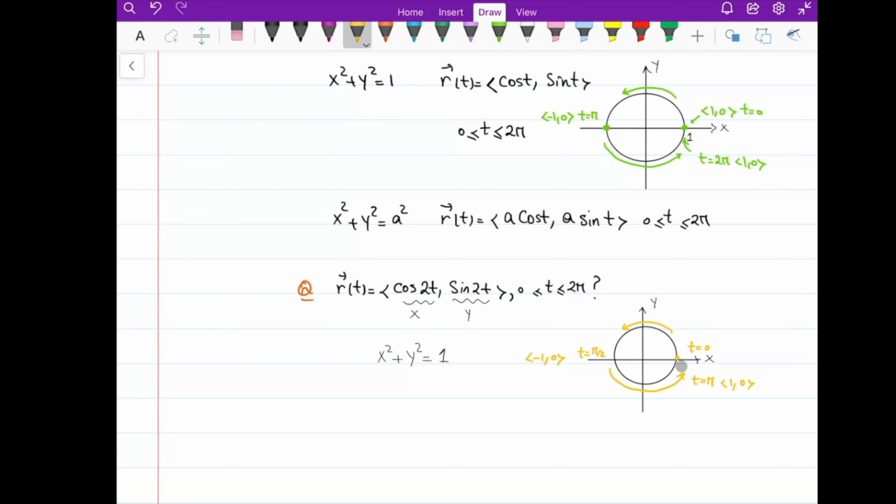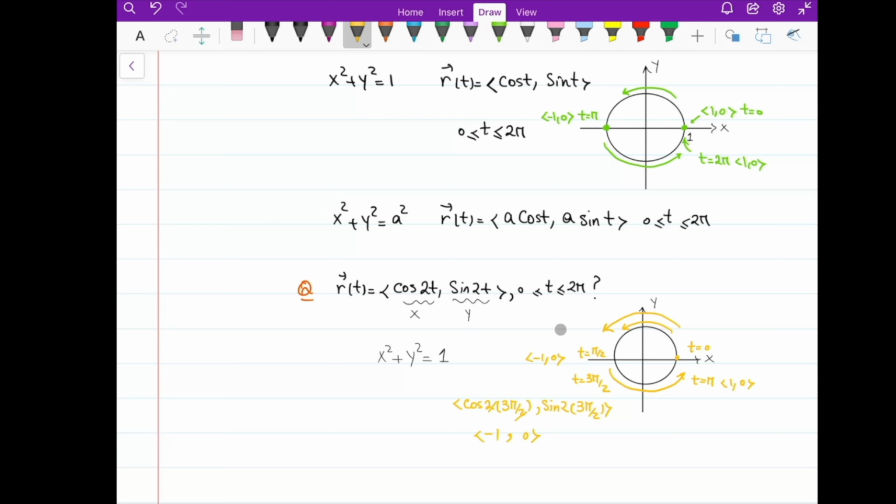At t equals 3 pi over 2, I get cosine of 3 pi, which is negative 1, and sine of 3 pi, which is 0.